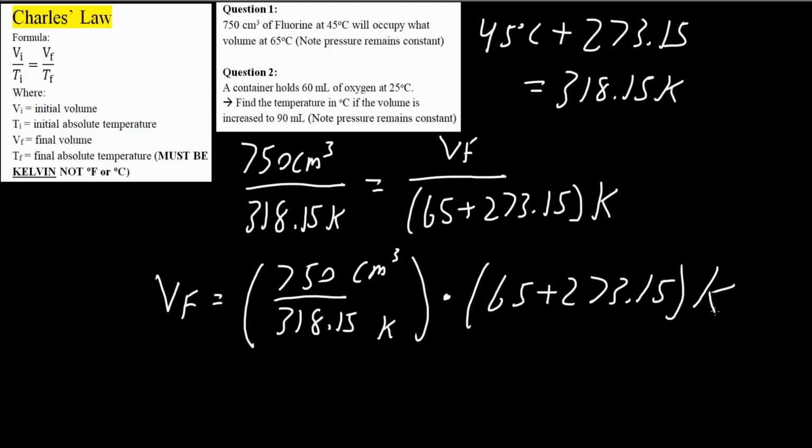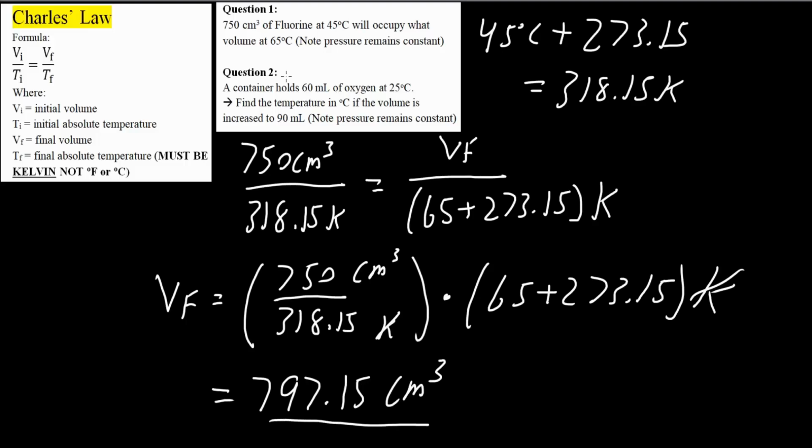Now let's check our units just to see, does this make sense? So K cancels, and we're just left with centimeter cubed. Volume, right? So that is correct. So now if we use a calculator, and if we multiply everything out, we would get 797.15 centimeter cubed. This right here is the final volume.